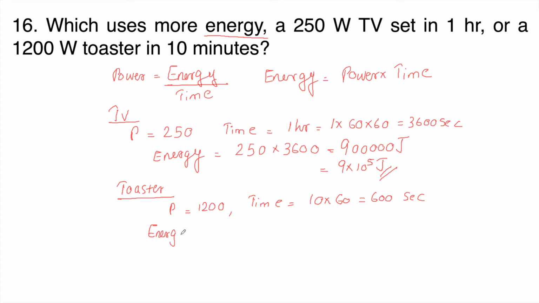So energy is equal to power into time, 1200 into 600. That means 720000 joules, and again we can write it as 7.2 into 10 raised to 5 joule. This is the standard form. This is also fine. If you want to write like this, you can write like this.